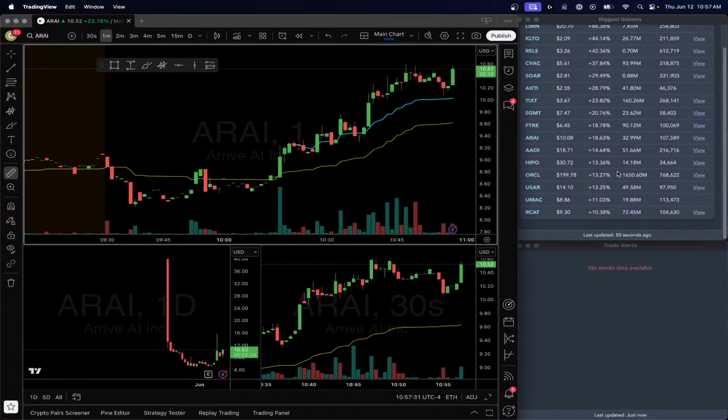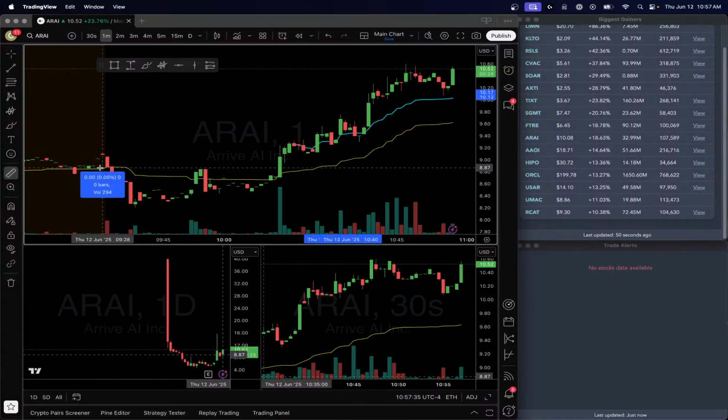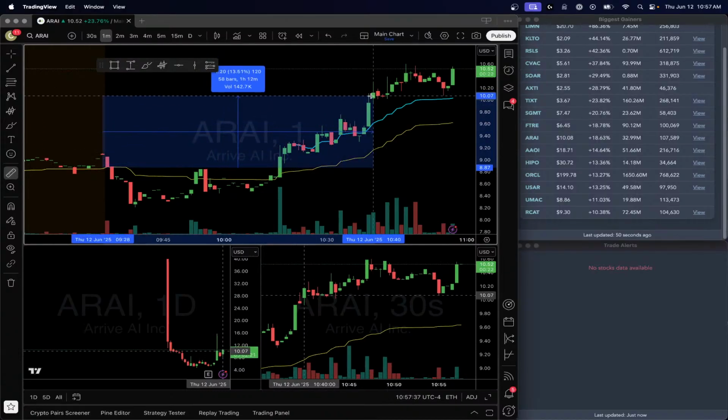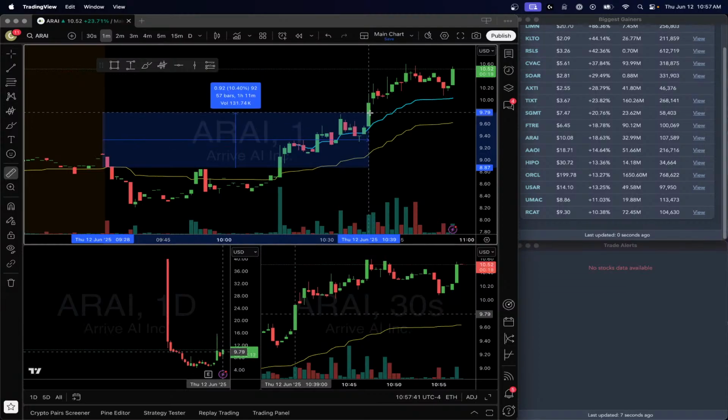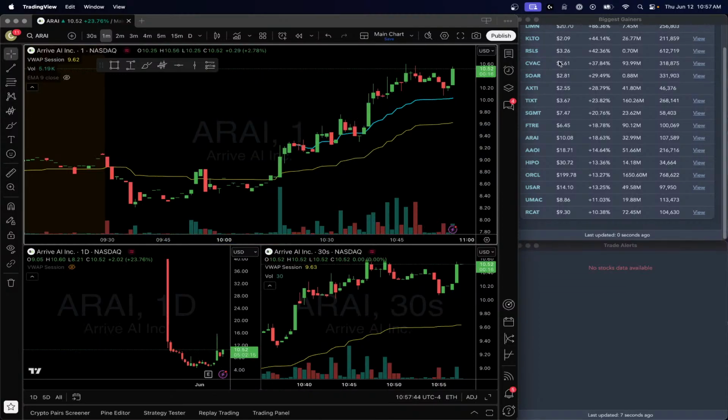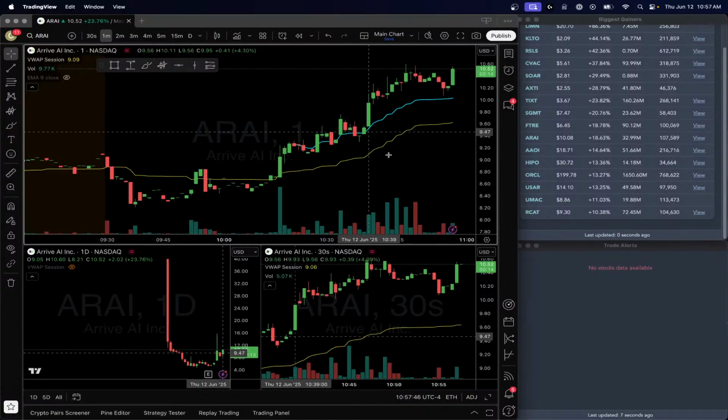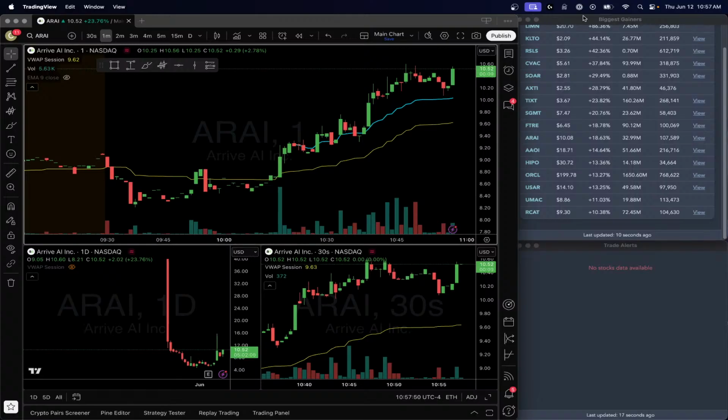Also, another thing, I'll tell you the filters I wrote for the biggest gainers. Right here, we had 13%, so it ran up about 10% here, so it would have shown up on the trade alerts. However, it didn't show up, and the reason for that is because of the biggest gainers here.